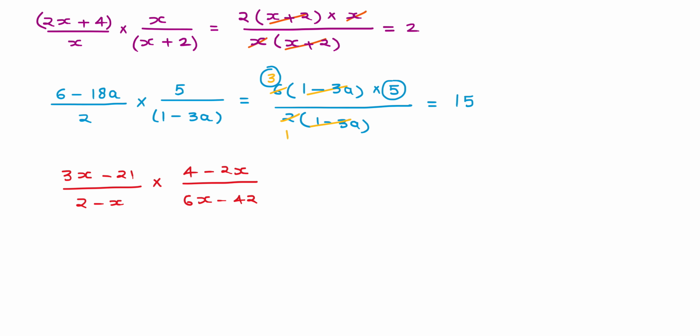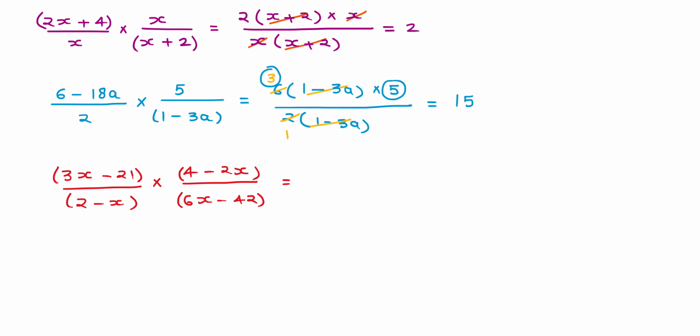Now you can see that both fractions require factorization, and multiple factorizations, because the numerator can also be factorized, and the denominator can also be factorized. So we will first put these brackets here so that we know that these are single terms.